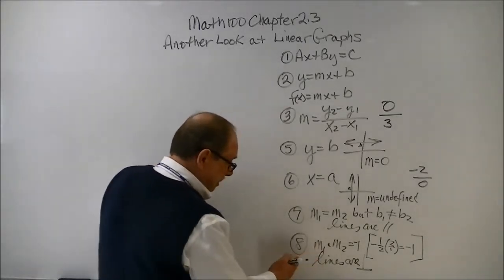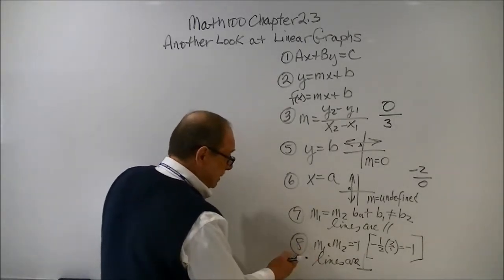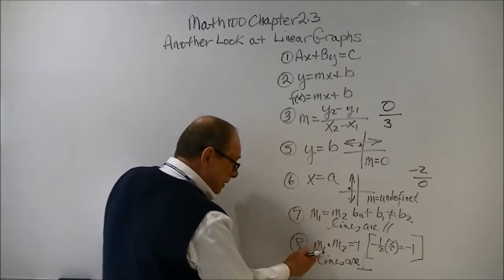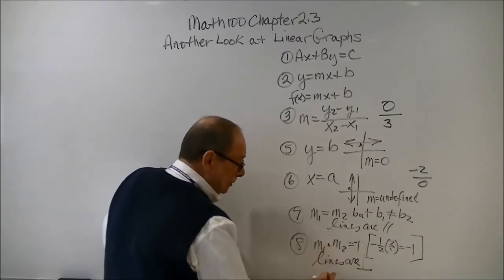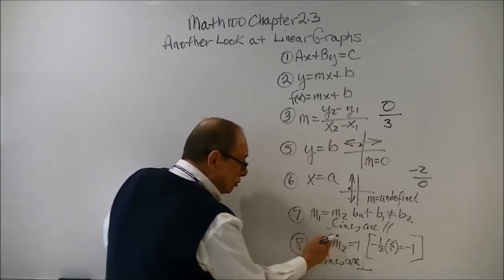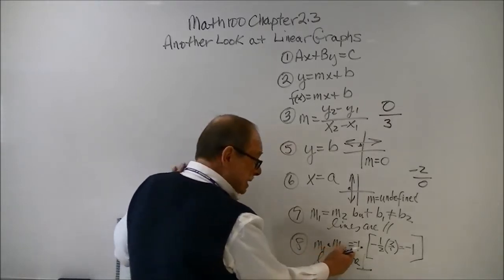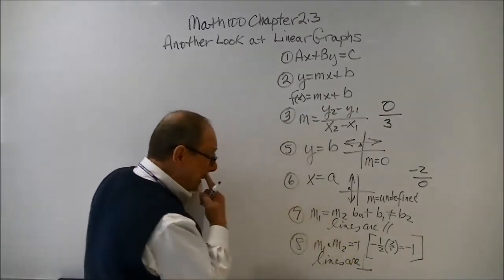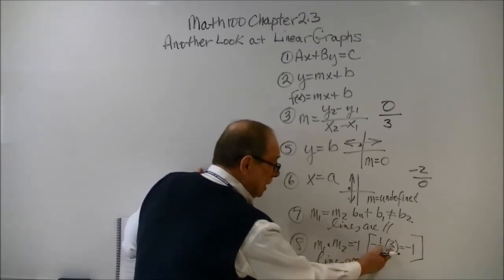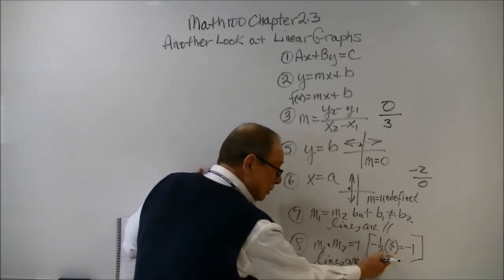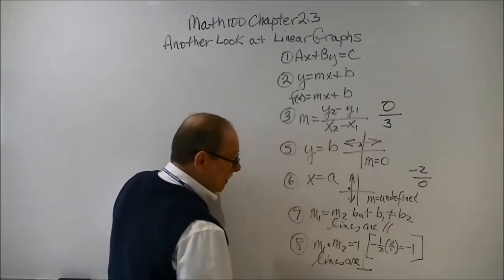Now in hint 8, we're saying if you take the slope of one equation and multiply it by the slope of the other equation, and the product of these slopes is -1, such as if the slope of one equation was -1/2 and the other one was 2 over 1, or 2, everything cancels out and this is a -1.